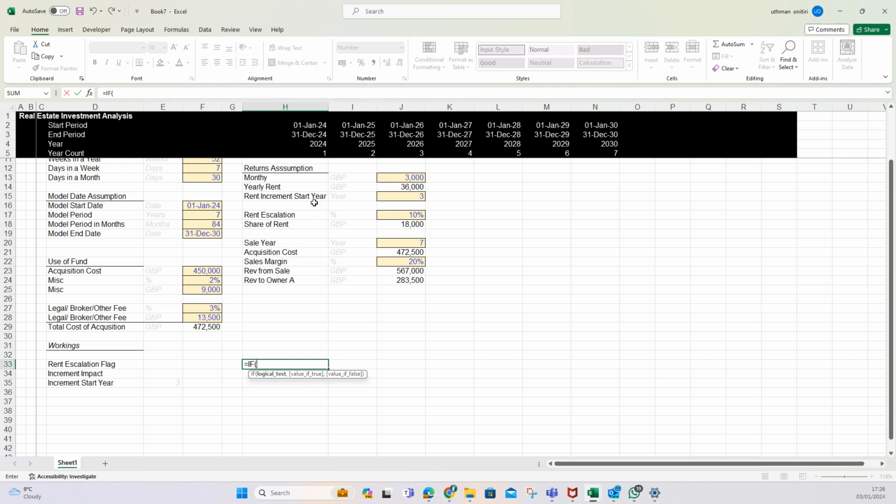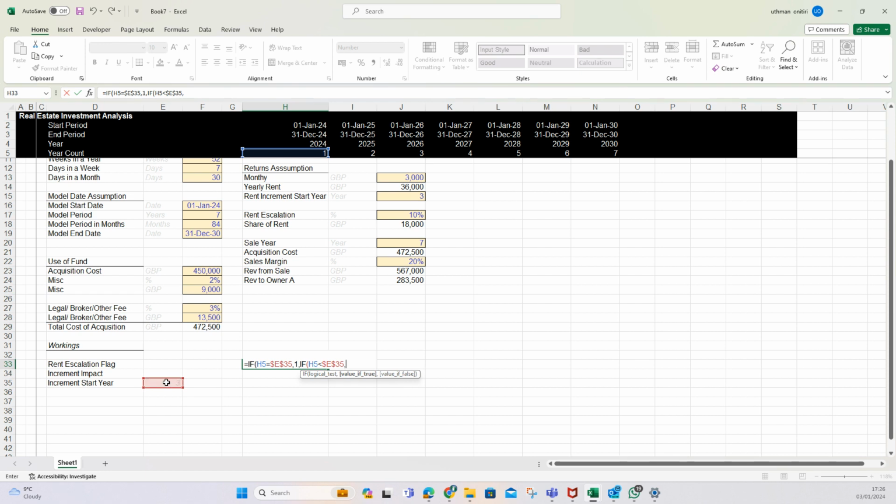The first thing you can do is to say if year count equals year three, which is the year we want our rent to start increasing, we say give me one. Otherwise, if year count is less than year three, recall we do not want rent to increase below year three, but we want it to increase at year three and every 2 years and above.